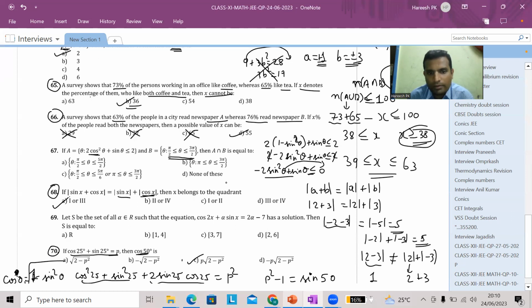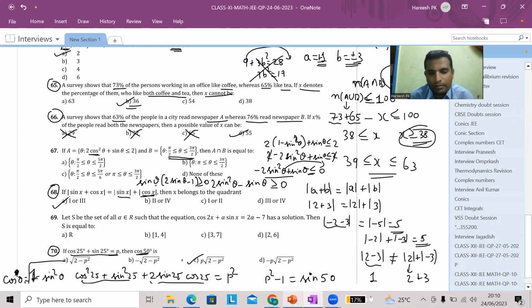Or take everything to that side. So basically you have to apply wavy curve method. So you'll get 2 sine square theta minus sine theta is greater than 0. So now pull out sine theta common. So you'll get sine theta into 2 sine theta minus 1 greater than 0.